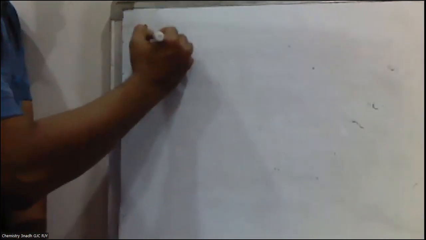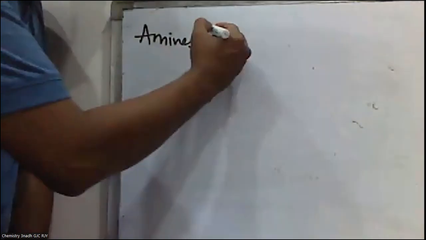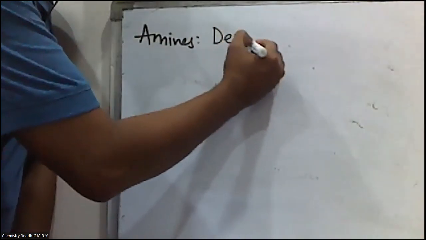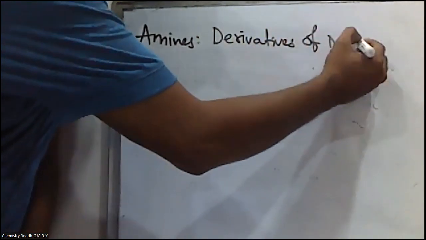So what are amines? Amines are the derivatives of ammonia.